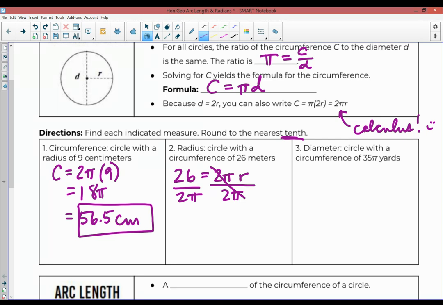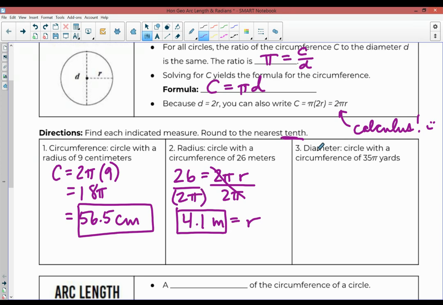I'm doing that all in one step, and that leaves me with 26 divided by 2 pi, which gives me 4.1 meters. Make sure you put that in parentheses when you divide.